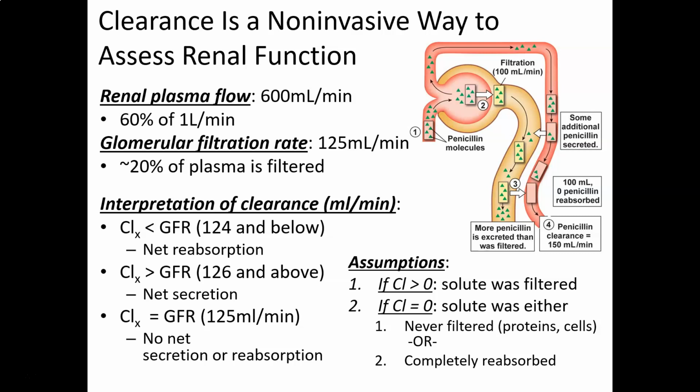But in this case, it's different than glucose because protein is 0 because it was never filtered in the first place. We do not have the tools and experience in this class to decide whether something is going to be filtered or not. So for the purposes of this class, both in lab and lecture, we're going to say, hey, everything's filtered for our purposes in terms of calculations.